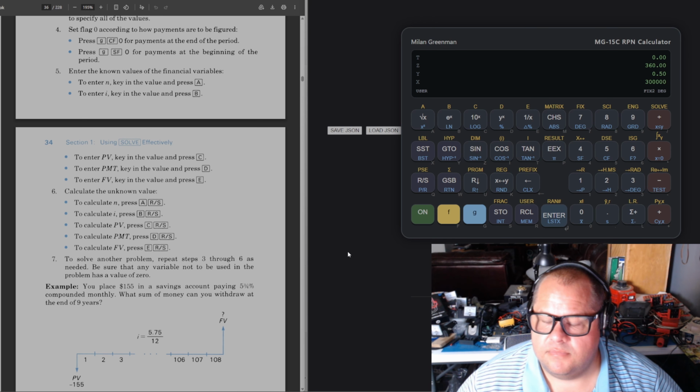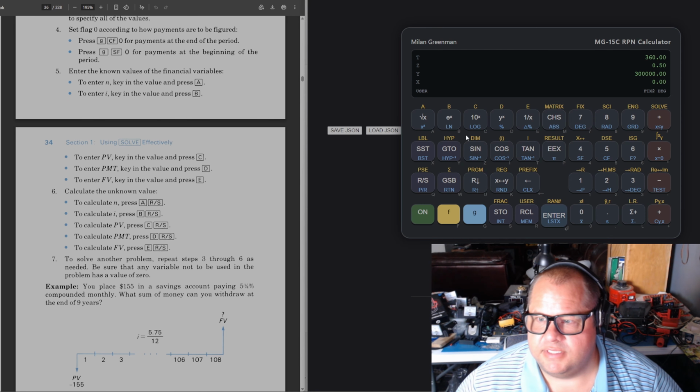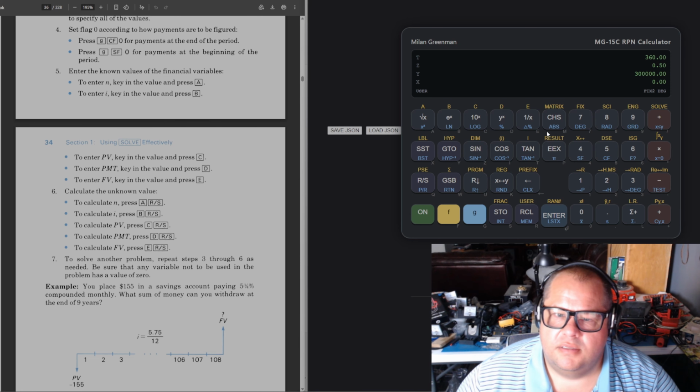300,000. We'll keep this positive because that's money coming to us. Will be C for the present value. We're going to calculate D for the payment, and our future value is 0 for E. And I'm using the shortcut keys here. Now we want to calculate the payment.